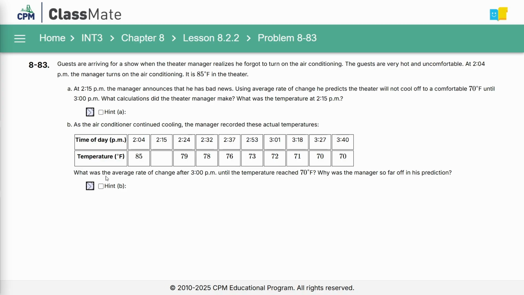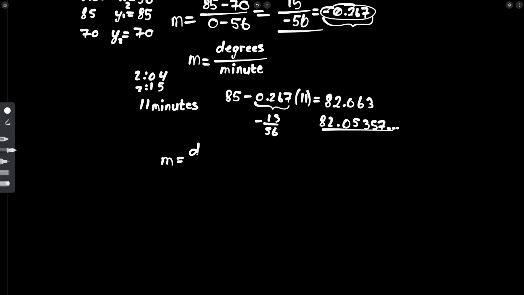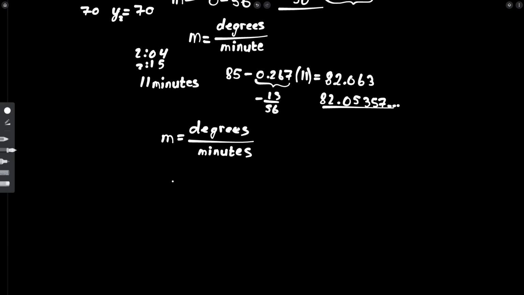Now, the question is asking for what the average rate of change was after 3 p.m. We can calculate this by doing the exact same as before, where we plug in one time, the other time, and one temperature and the other temperature. So here we want the same thing. We want degrees over minutes. The change in minutes was 39 because the difference between 3:01 and 3:40 is 39 minutes.